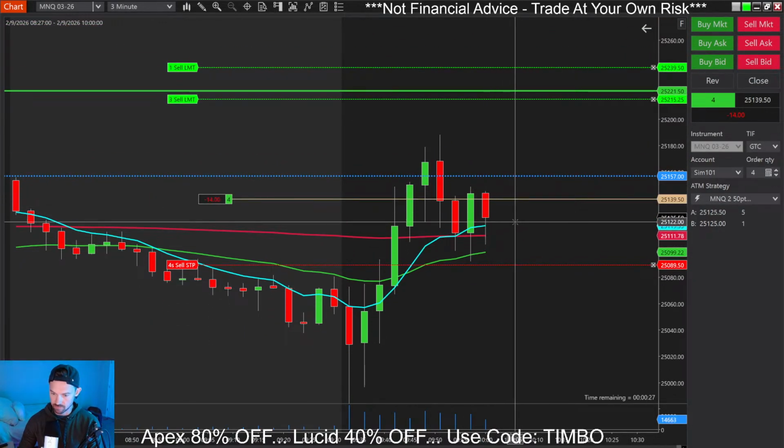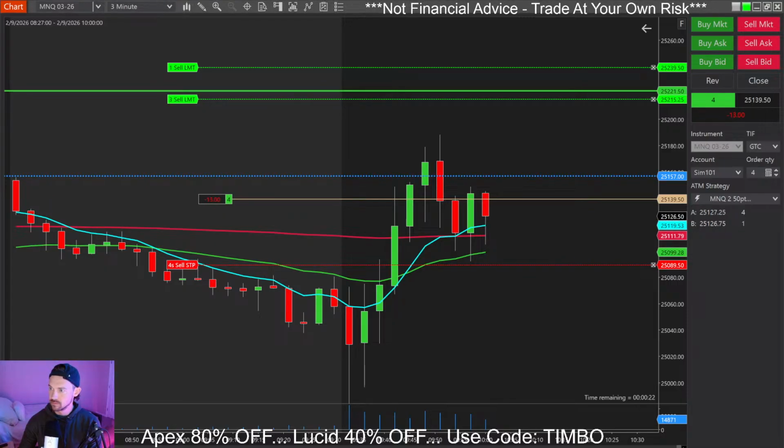Kind of see that push up from the bulls. Five minutes about to be closing, kind of as a doji indecision type candle here, it looks like.